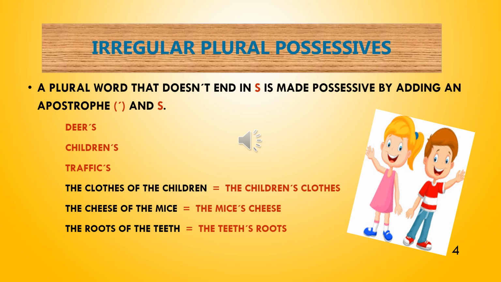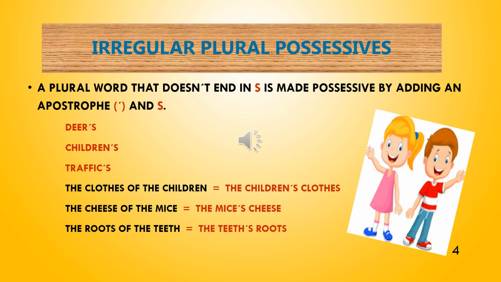Look at the next one. The clothes of the children. The children's clothes, which means that the clothes belong to the children. The next one, the cheese of the mice.